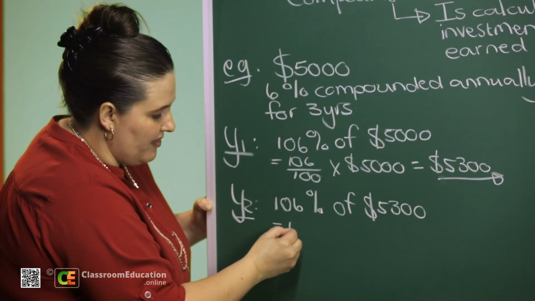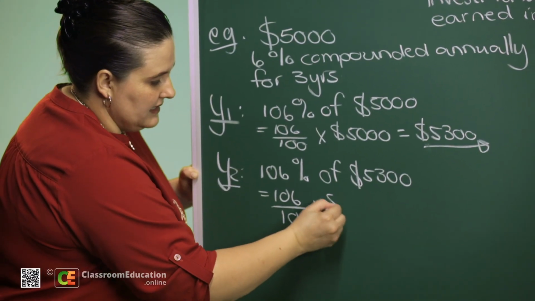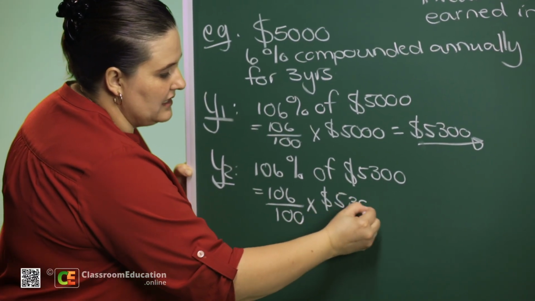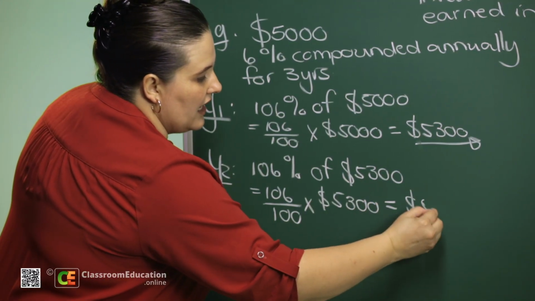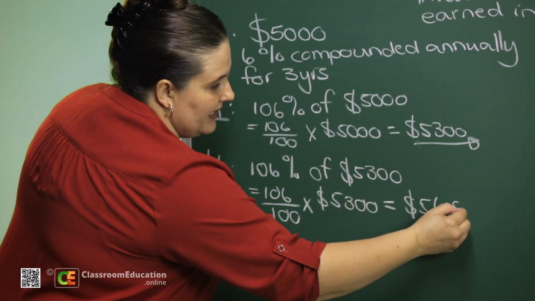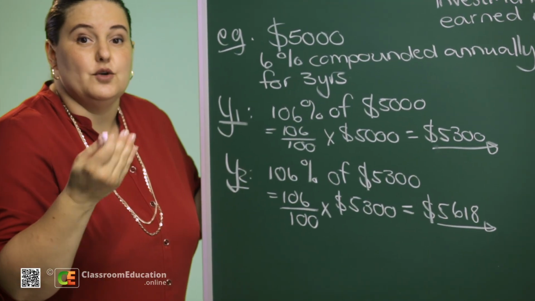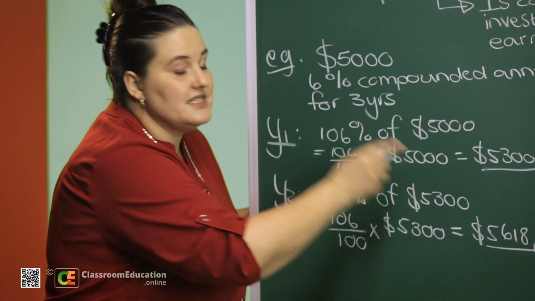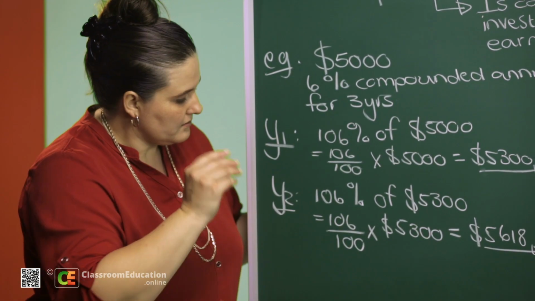And if you determine that, let's say 106 divided by 100 times 5,300, you will get an answer of $5,618. So at the end of the second year, you will now have $5,618 in your savings account.